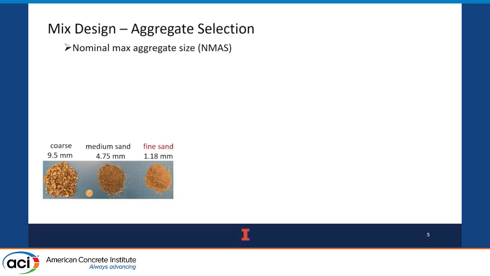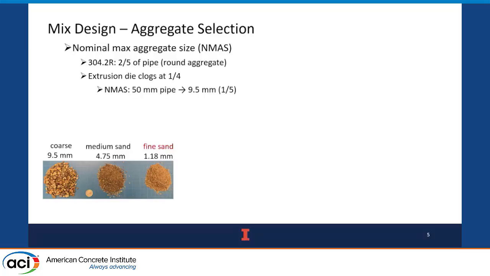And so since we're studying gradation, first we kind of have to formulate what is our ideal gradation, which will vary from there. And so for our nominal maximum aggregate size, pumpable concrete, they say 2/5 of the minimum pipe diameter for round aggregates.